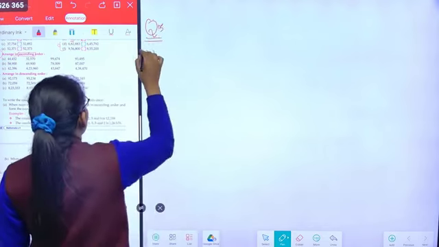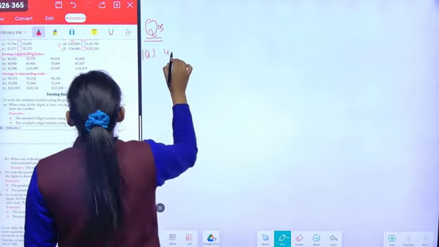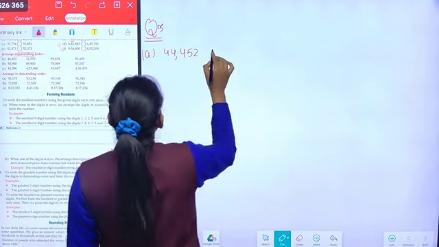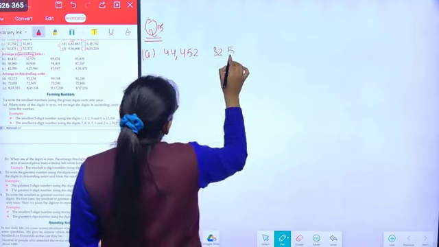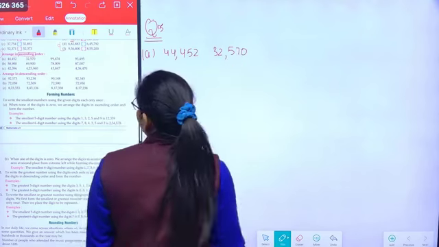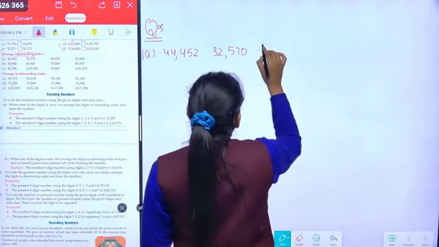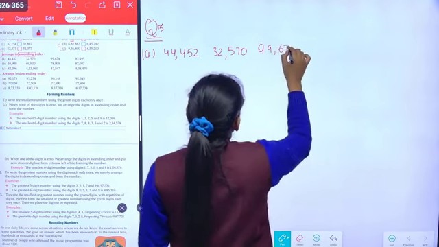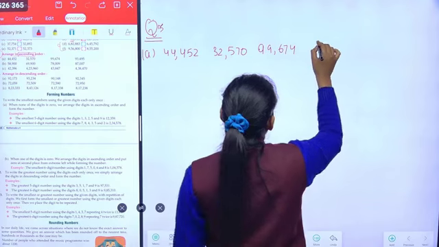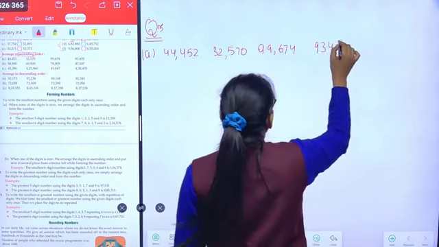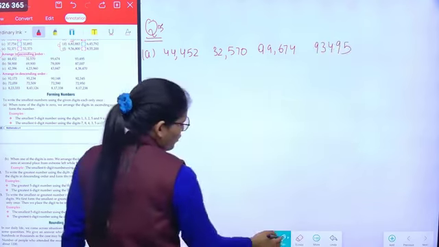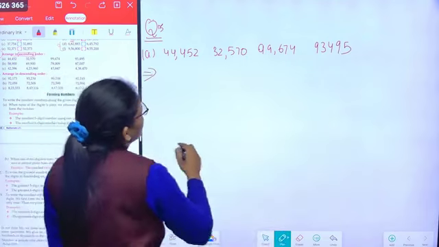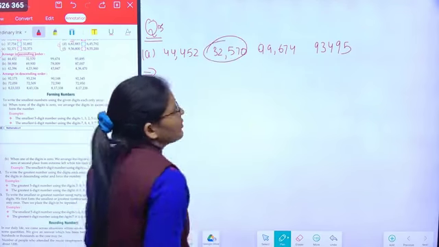A part is 44,452. Now 32,570, 99,174, 83,495. So what is the ascending order? Class, see, ascending order is smallest to biggest.